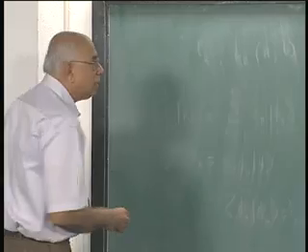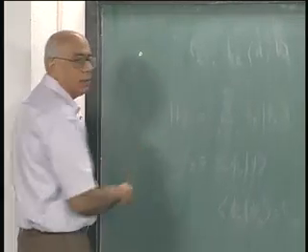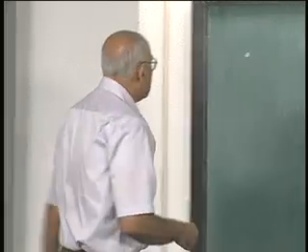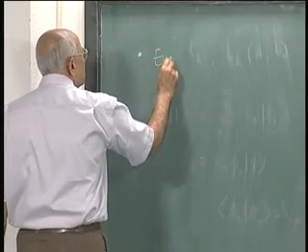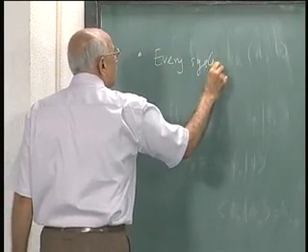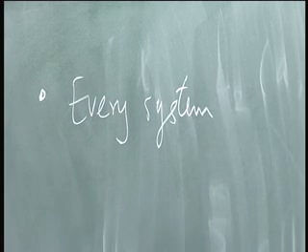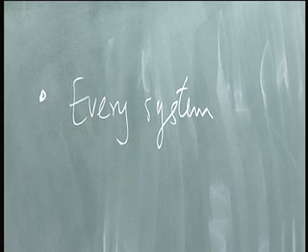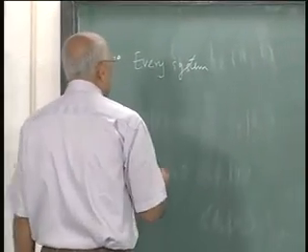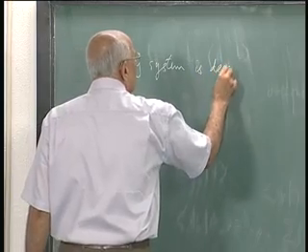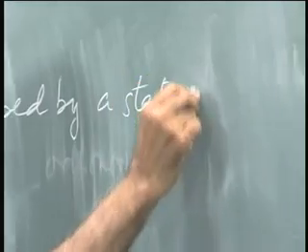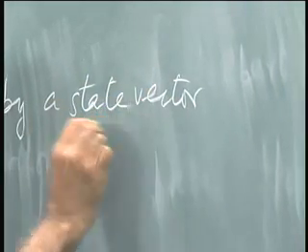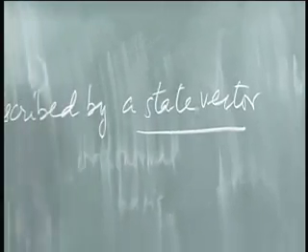So whenever I make a postulate, let me put a little dot here to show this is an axiom, one of the axioms. So I start with a very general thing, and then of course we will make it very much more specific. Every system, every dynamical system, by this I mean physical systems of some kind, we will not specify too accurately right now, we will make it more specific as we go along. Every system is described by a state vector.